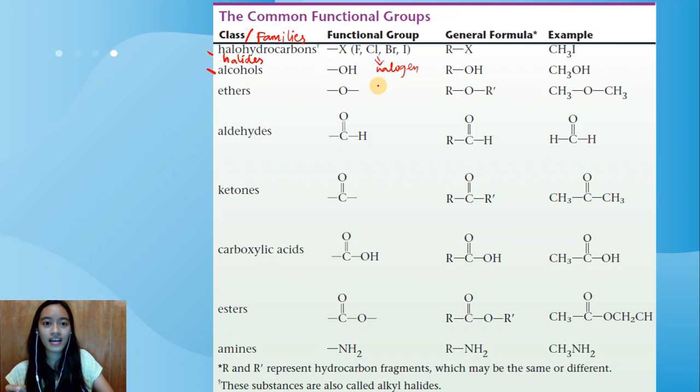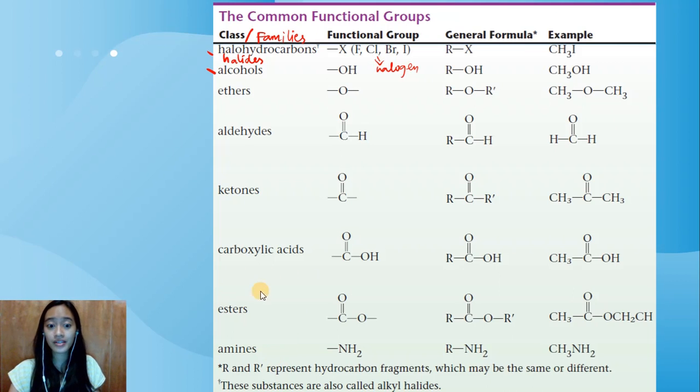So we will learn later. And so on. So we have esters, ethers, aldehydes, ketones, carboxylic acids, amines. So these are the corresponding functional groups with the repeating pattern of atoms within their whole molecule.